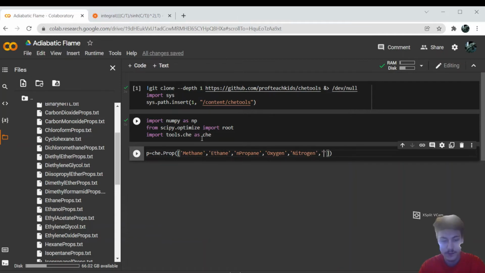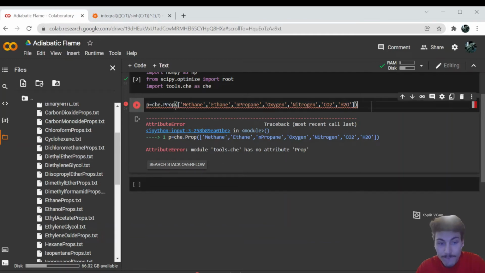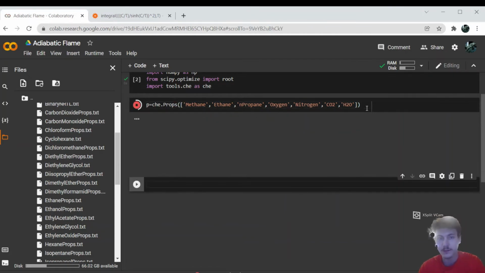So then we have CO2. Yeah, I believe it's CO2. We'll find out if it's not. And then we have water. So we can go ahead and import those. Attribute error, props. Okay, we'll try that again.